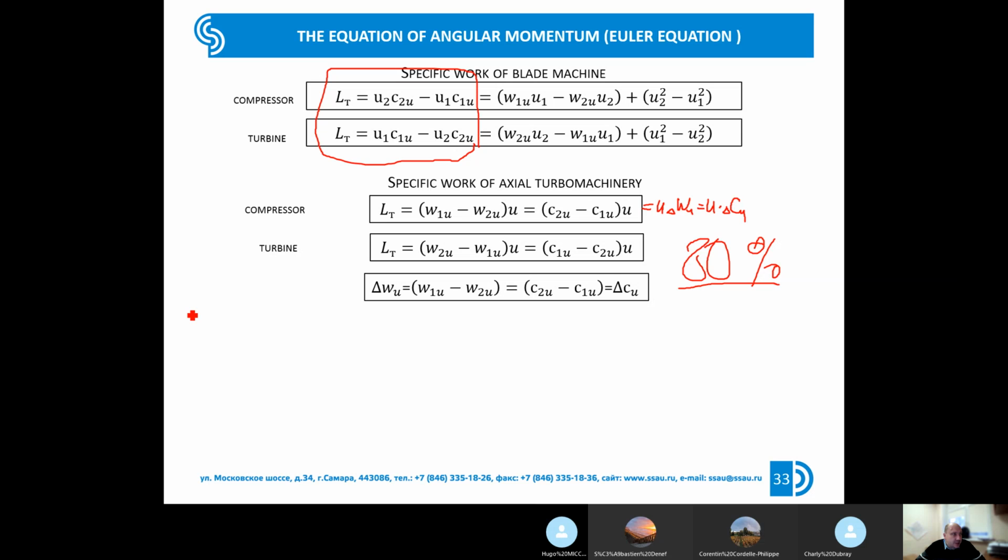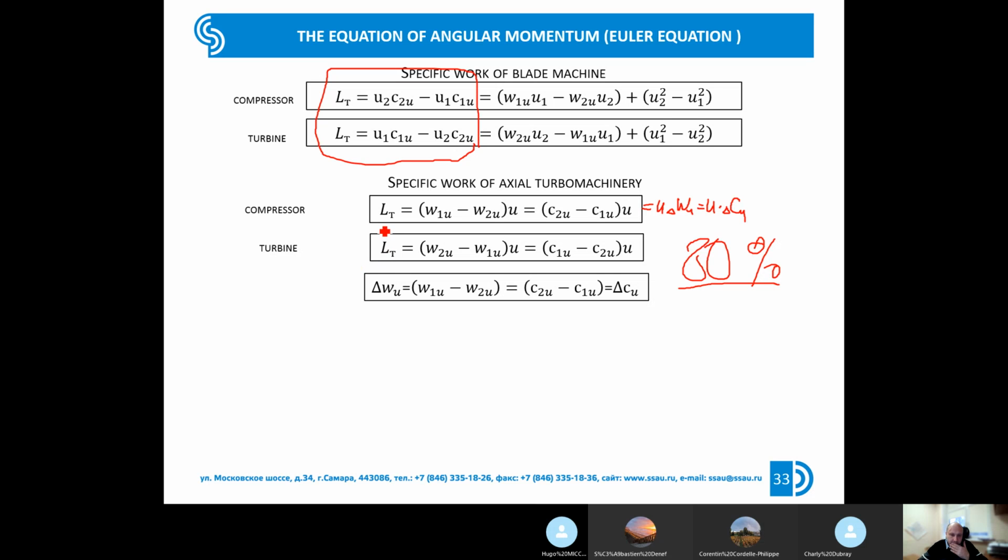But of course, for us it is much more interesting to apply these equations to the working process of the turbomachinery and find some conclusions, some answers which will explain to us why the turbomachinery looks like we know. So let's apply this equation to the turbomachinery and try to find some interesting explanation of why the gas turbine engine looks like we know.